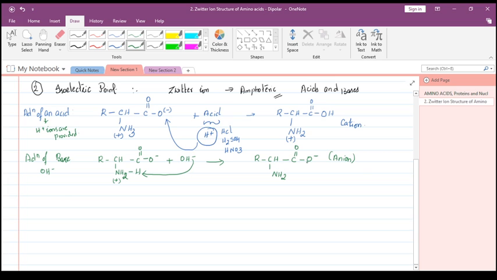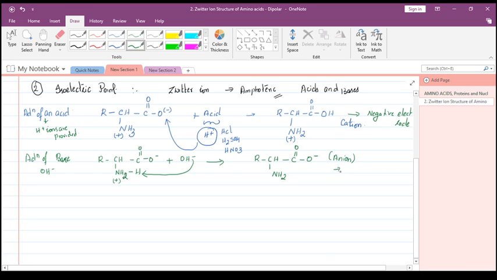To sum up, in acidic solution, amino acid exists as a positive cation, which means it will be attracted towards the negative electrode. In base it will exist as an anion.